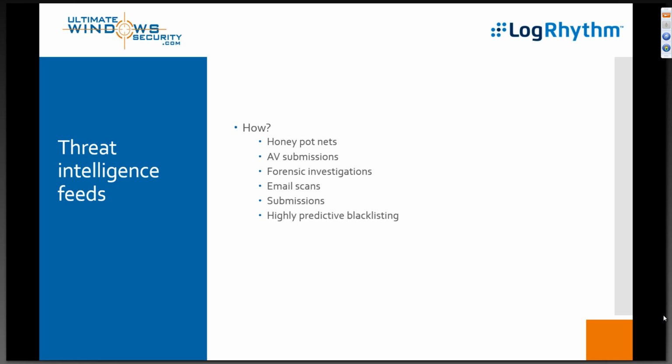They also do some interesting stuff with what they call highly predictive blacklisting, and I'm not an expert on that, but they can take a lot of emails from participating organizations and do analysis to isolate common link back addresses that, once you push it through the algorithm, it's highly predictive that this is either just spam, which is bad enough, or it's the initial drop zone for a botnet or some other kind of malware to deploy.